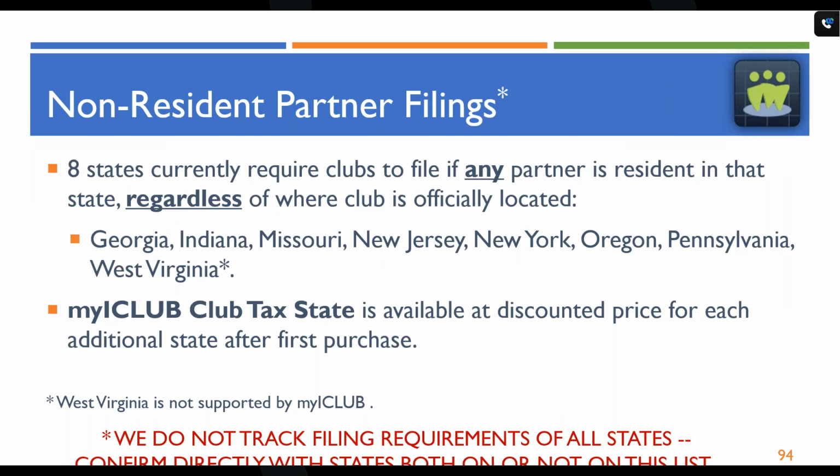That is the only one of the states with this requirement that we do not have tax software for. But just be careful there. If your club is based in New York and you've got members in New Jersey and Pennsylvania, you are going to be filing three different states' worth of tax returns. So just something to keep in mind as you're figuring out what you're going to need to have ready to get your taxes all taken care of.